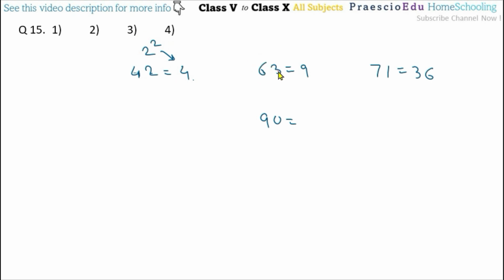Same here also, 6 and 3 have the difference 3, and 3 squared is 9. Same here also, 7 and 1 have the difference 6, and 6 squared is 36. So here also 9 and 0, the difference is 9, and 9 squared is 81. So 81 is given in option number 4.